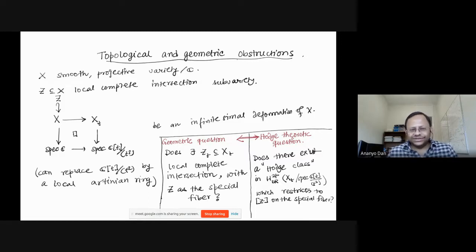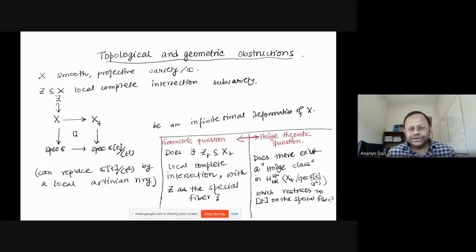The obstruction to this question I will call the geometric obstruction. There is another question that we can ask. Since we have a smooth projective variety, the cohomology class of the fundamental class of Z, the local complete intersection subvariety, will be a Hodge class in the correct codimension.